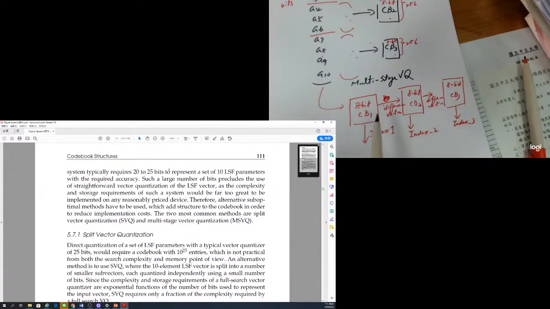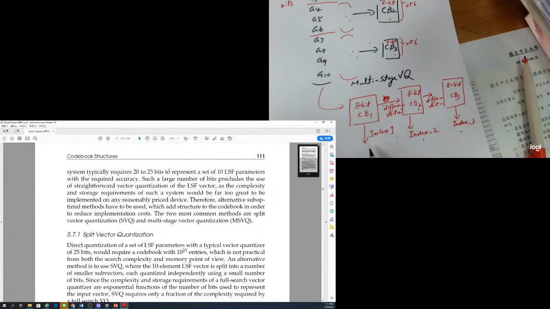If we find a best match codevector, we calculate the distance. With the best match, we calculate the difference vector. We use the difference vector for the second codevector search, to find the best difference vector and the second order difference vector.